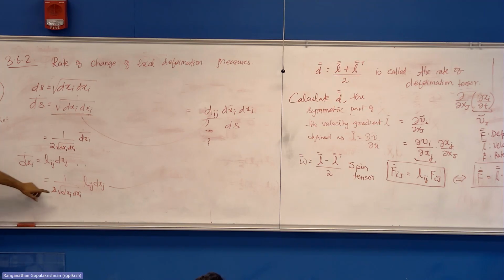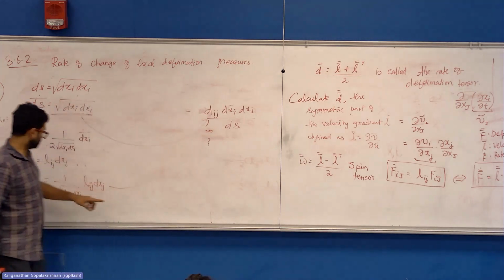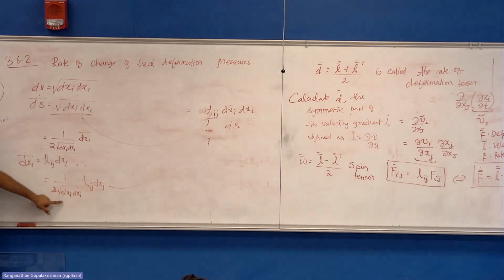So to turn this into ds, we have a ds here. We have Lij dxj. So still something is missing.